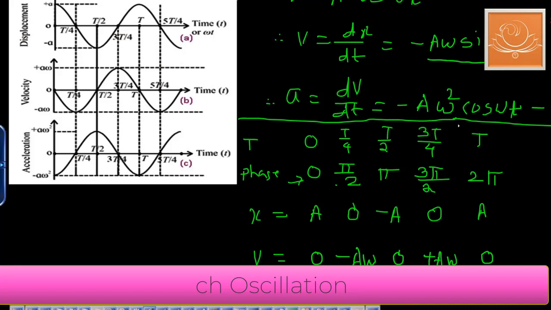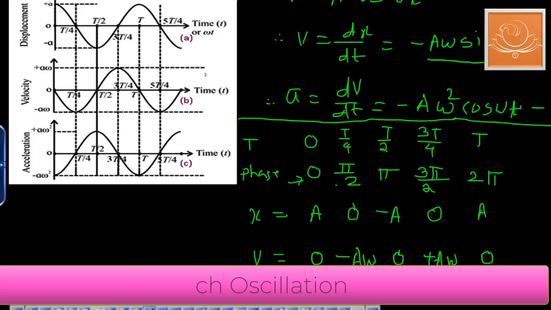At 3 pi by 2 phase, cos of 3 pi by 2 is 0, hence acceleration is 0. And last, at 2 pi, acceleration is again equal to minus a into omega square. These are the values of displacement, acceleration and velocity at different phases.